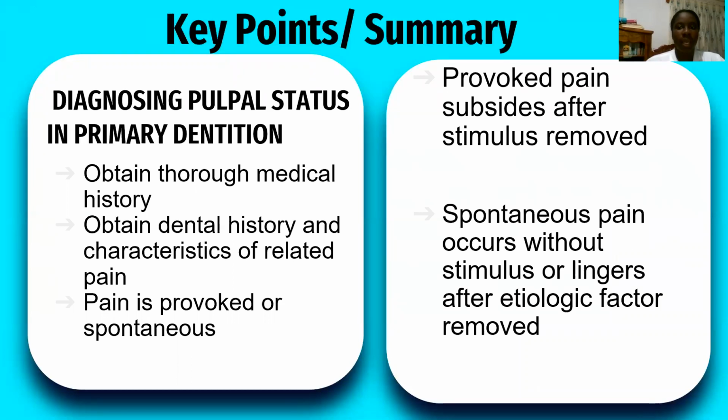Provoked pain subsides after the stimulus is removed. It is also usually reversible and reflective of minor inflammatory changes. Spontaneous pain, on the other hand, occurs without stimulus or lingers after the causative factor is removed. It reflects tooth degradation, which extends to root canals.